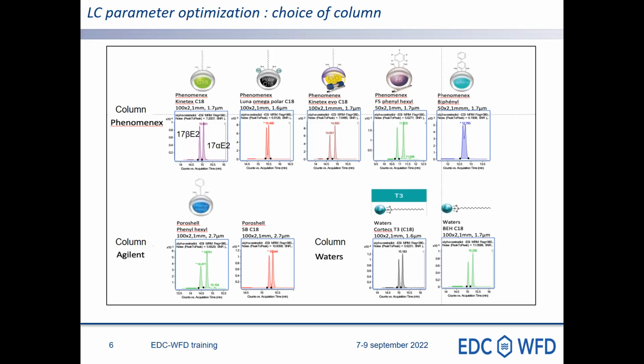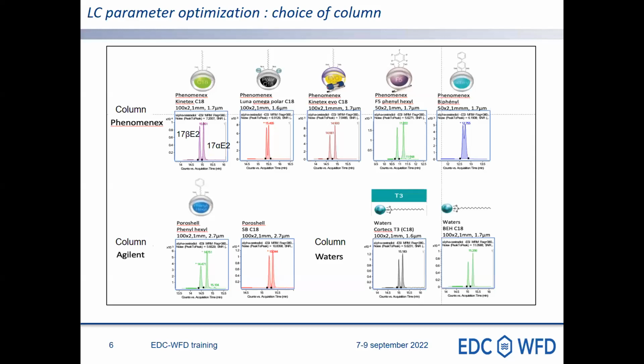Of course, I am talking about 17 alpha and 17 beta estradiol, and you will really need to achieve the best resolution to accurately quantify each of these isomers, and not only in standards but in complex matrix.